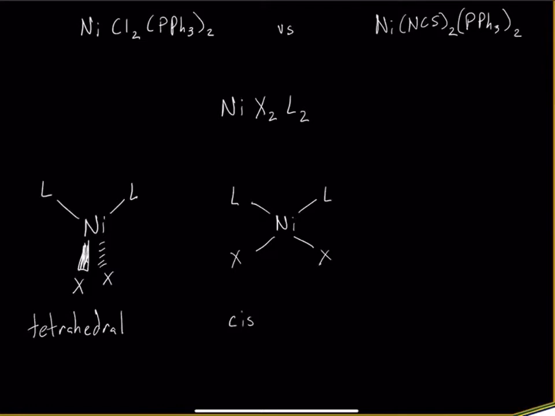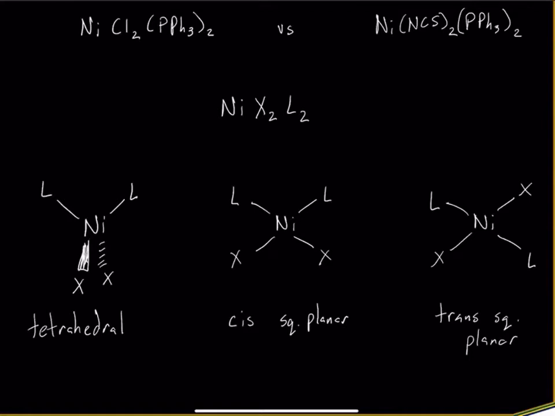Right, here I could have a cis square planar arrangement, and I can also have a trans square planar arrangement. So these are my three options that I have in front of me for my four coordinate metal complexes, right?